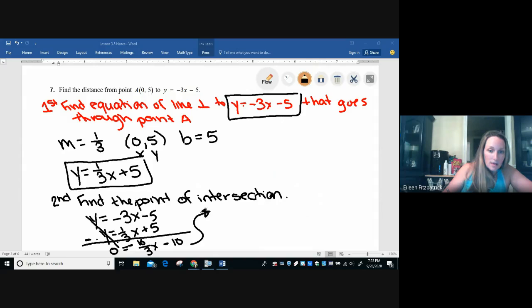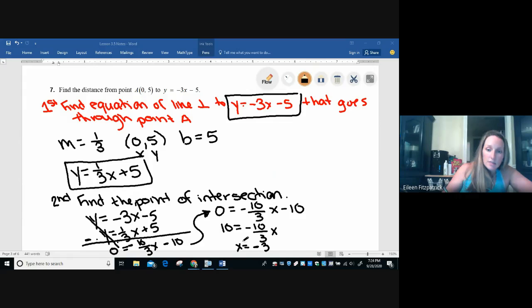So then I have 0 is equal to negative 10/3 x minus 10. I'm trying to isolate the x, so add the 10. Now I have 10 is equal to negative 10/3 x. Now I'm going to multiply both sides by the reciprocal of negative 10/3, so that's negative 3/10, and that's going to leave me with an x value of negative 3.